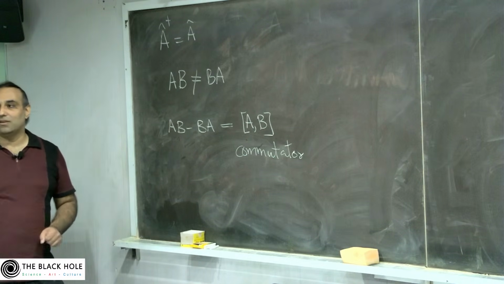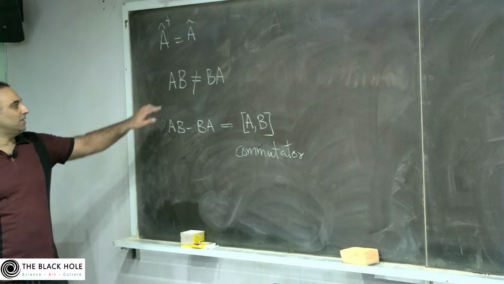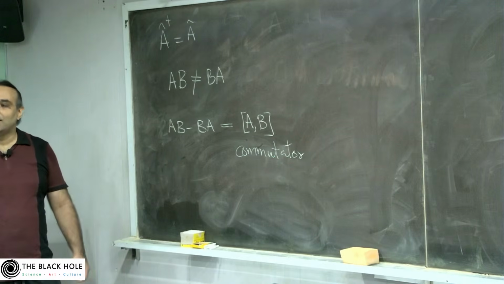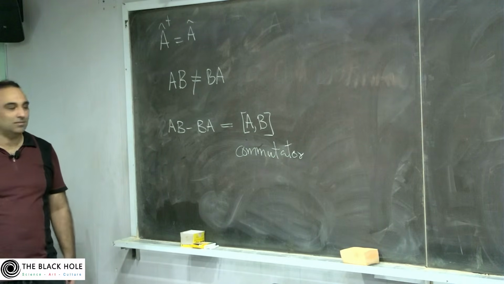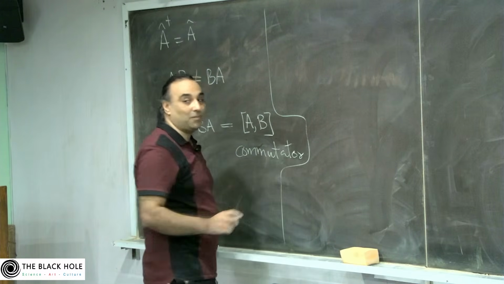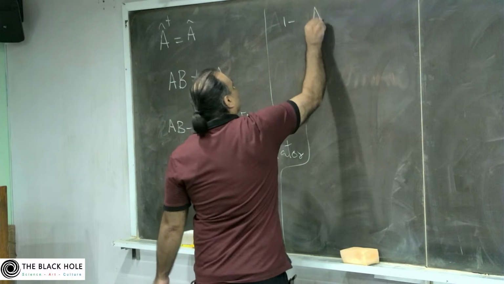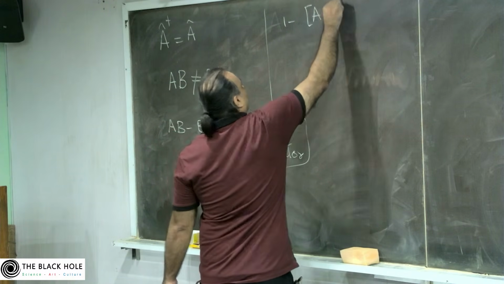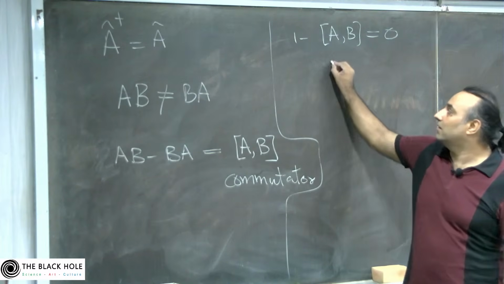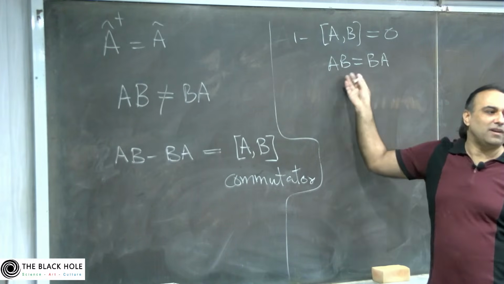So now the question is, what happens if this commutator is 0? That means the operators are commutative. And what happens if it's not? This has very profound consequences for quantum mechanics problems. So let's suppose A and B commute. That means AB is equal to BA, so their order doesn't matter.